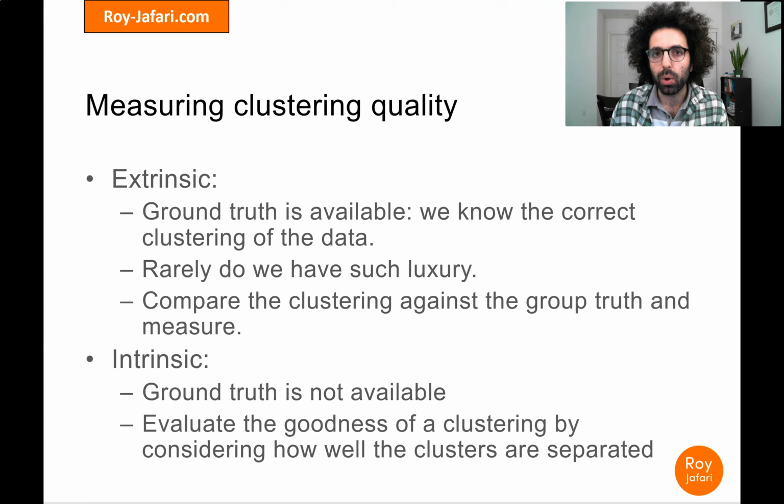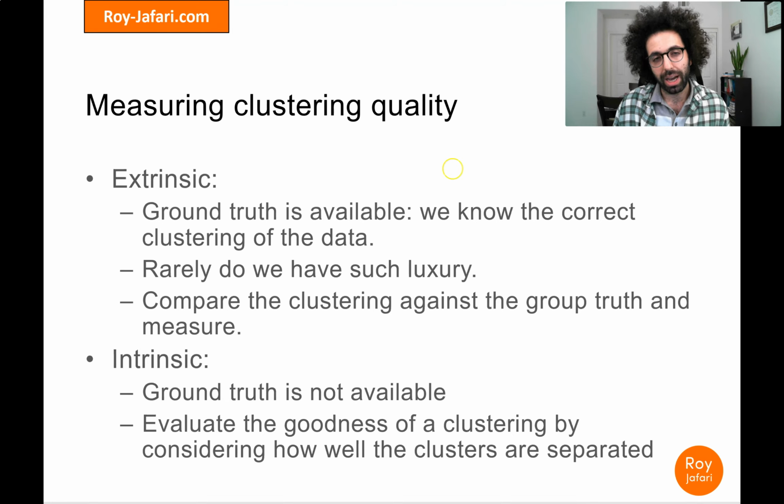You actually know what the groups are that your data objects should have come to. And that's a very unrealistic expectation to have from your decision-making environment. If you knew the groups while you're doing clustering, you may have chosen a wrong task. There are very few cases where you need to do clustering and you've actually got the ground truth. Rarely do we have that luxury.